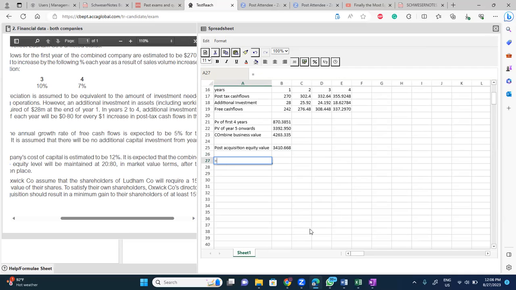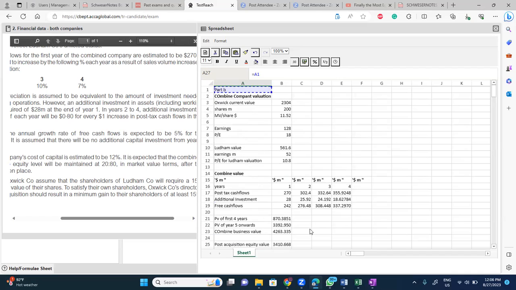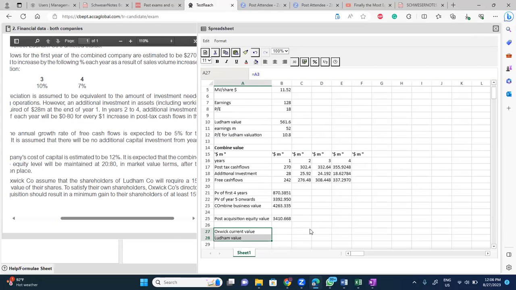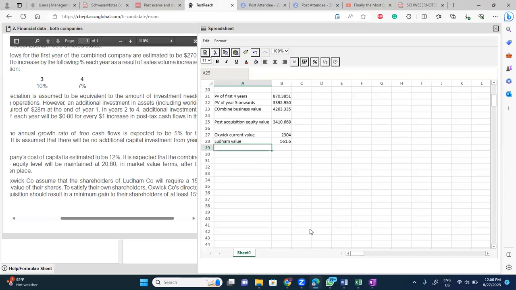Let me write the value of Oxwick again. Let me write the value of Ludum company. Now the total synergy. This value minus this, 545.